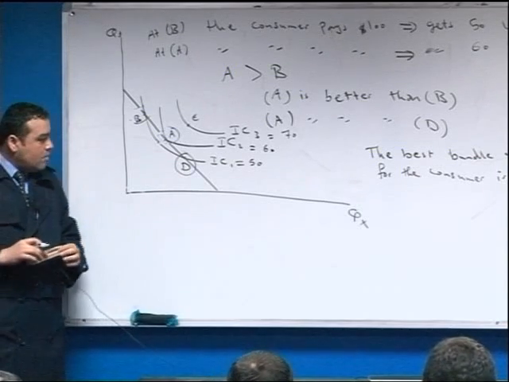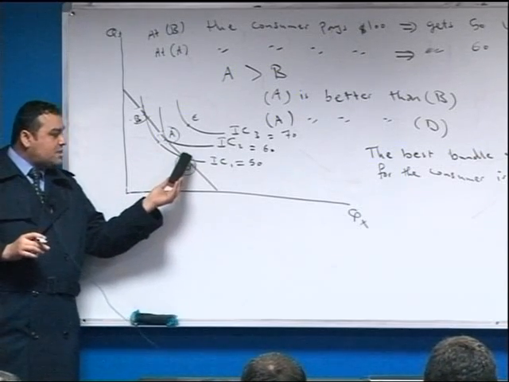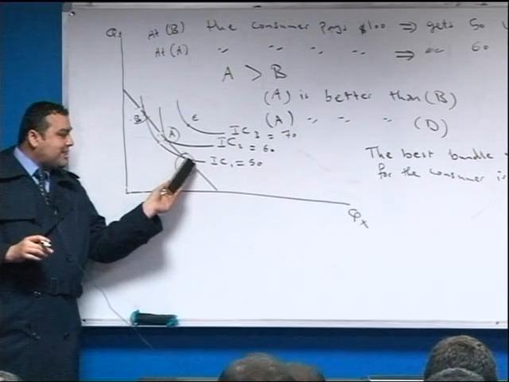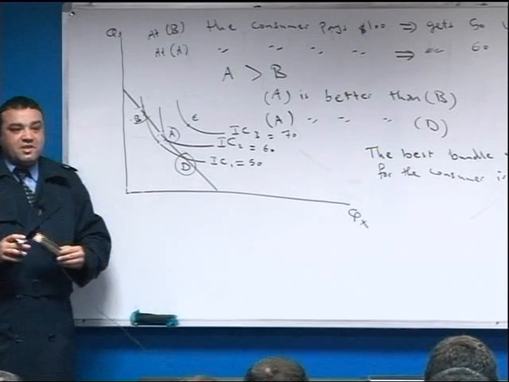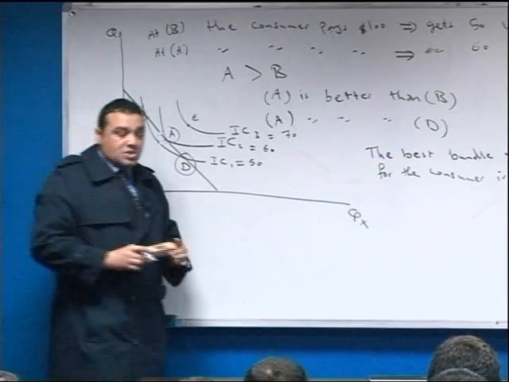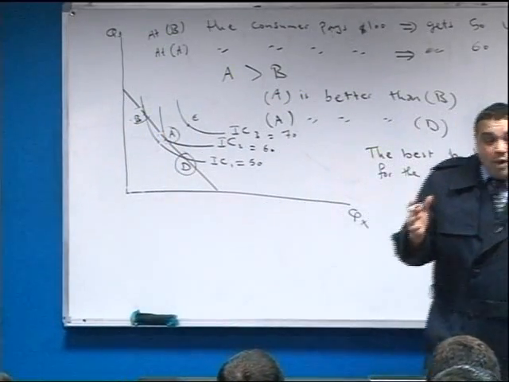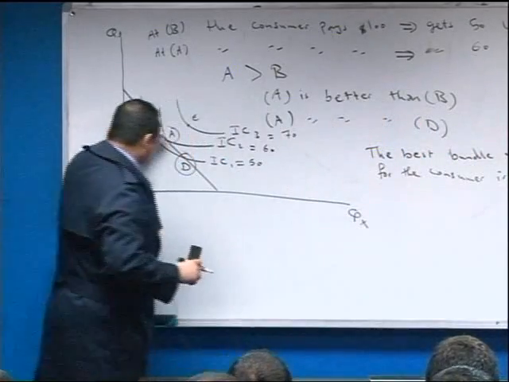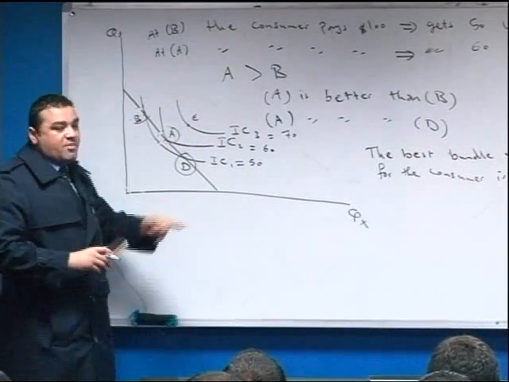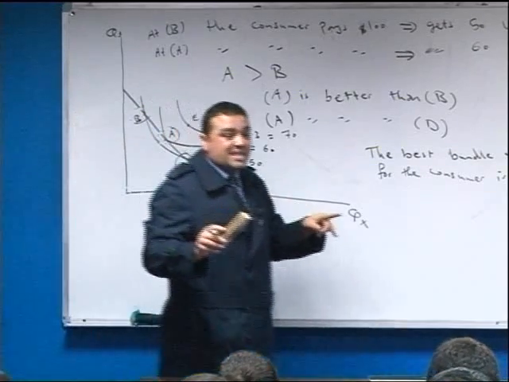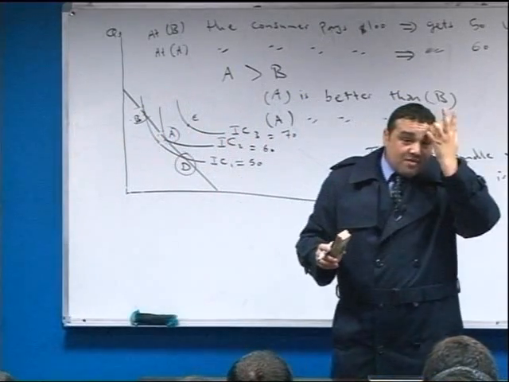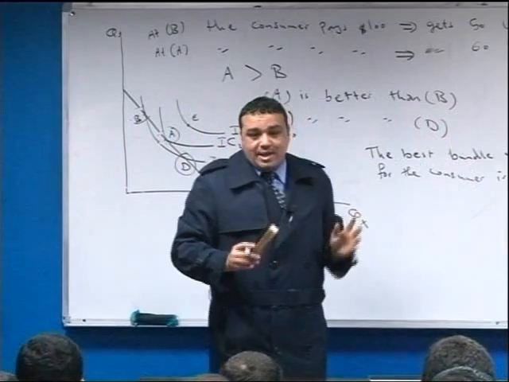What about D? At point D, the slope of the budget line is larger than the slope of the indifference curve. Right? So, the consumer equilibrium is achieved when the slope of the indifference curve equals the slope of the budget line, or when there is a tangency between the indifference curve and the budget line.